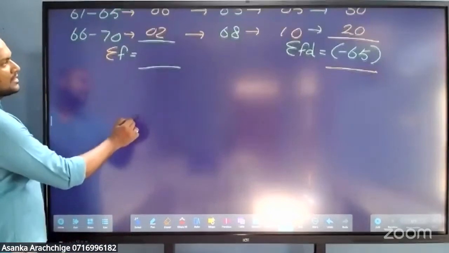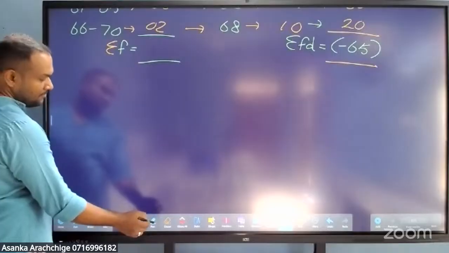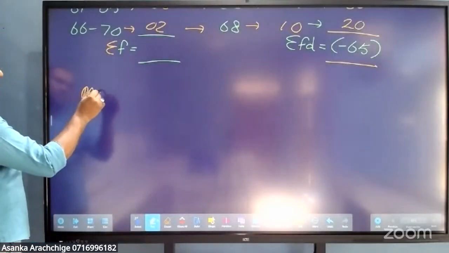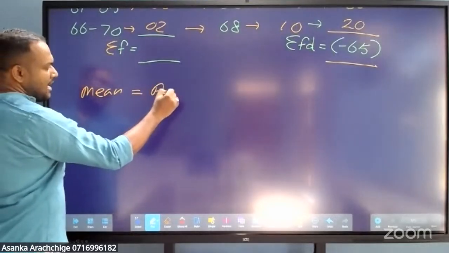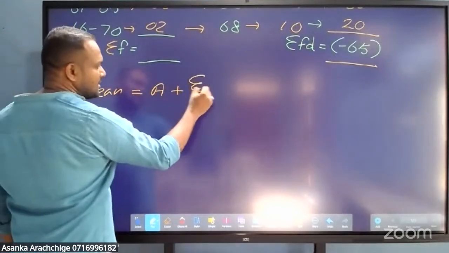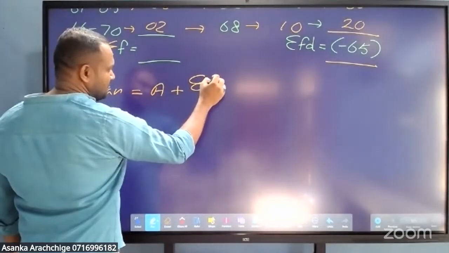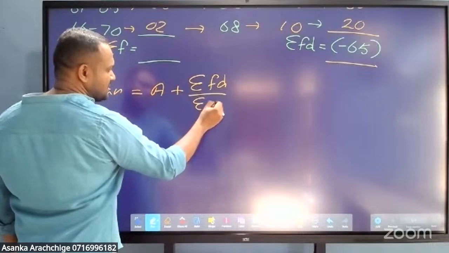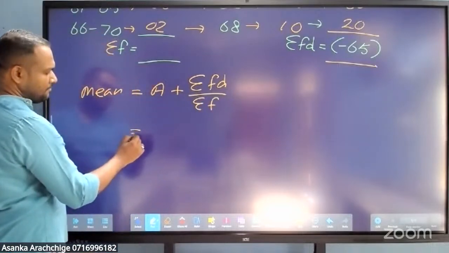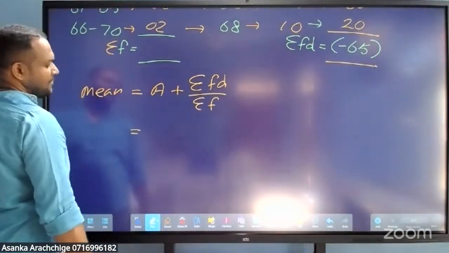Now, mean. Real mean equals assumed mean plus mean of the deviations, sigma FD upon sigma F. A is 58.